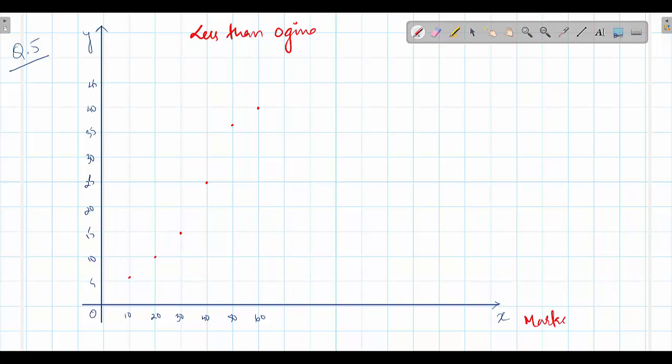On the y-axis we have taken number of students, so you write down number of students. Now let's also write down the scale. For the x-axis we have taken 1 centimeter equal to 10 marks, so you can write 1 centimeter or 1 unit is equal to 10 marks. And for the y-axis, 1 centimeter is equal to 5 students.